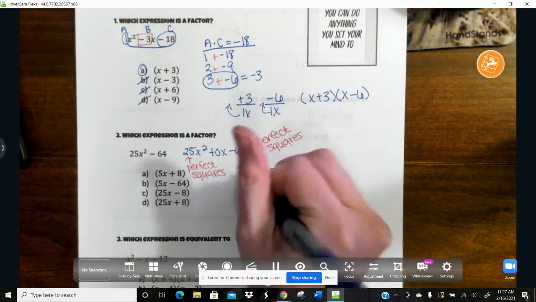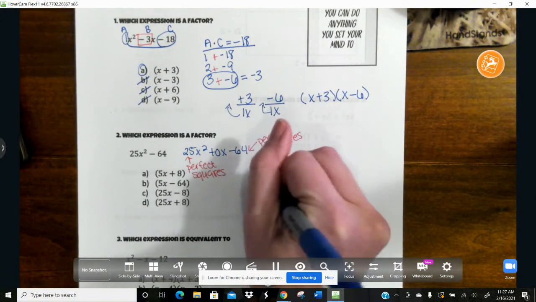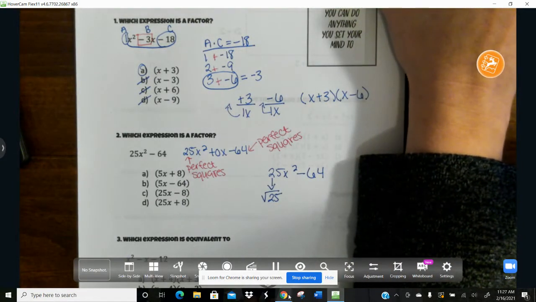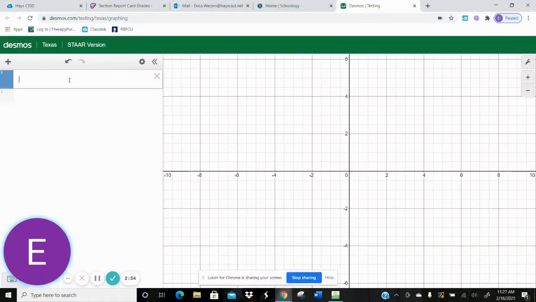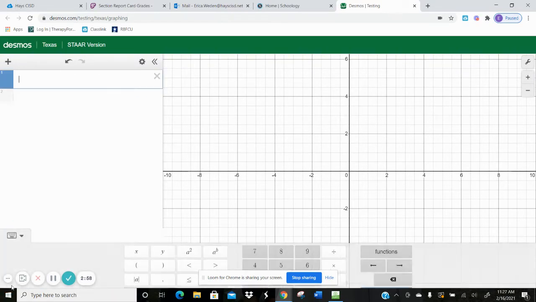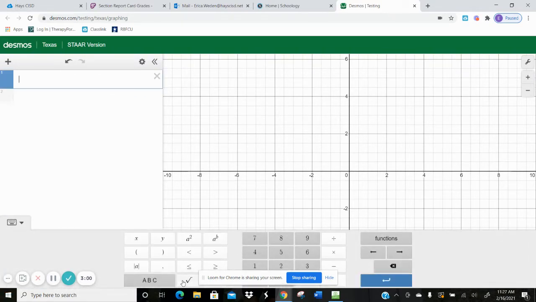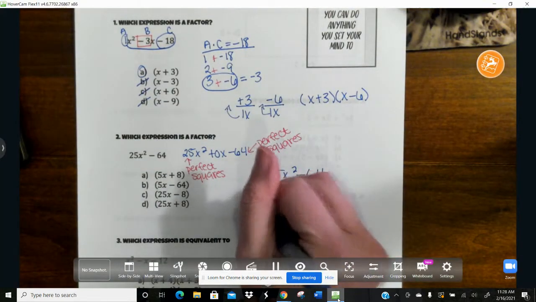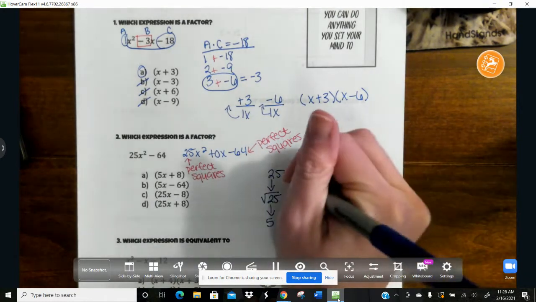And I'm going to take the square root of 25. So if you're not sure what that is, you can go ahead and pull up Desmos and pull up the keyboard. The square root is this button by the ABC. So square root of 25 is just 5. So I'm going to have 5.